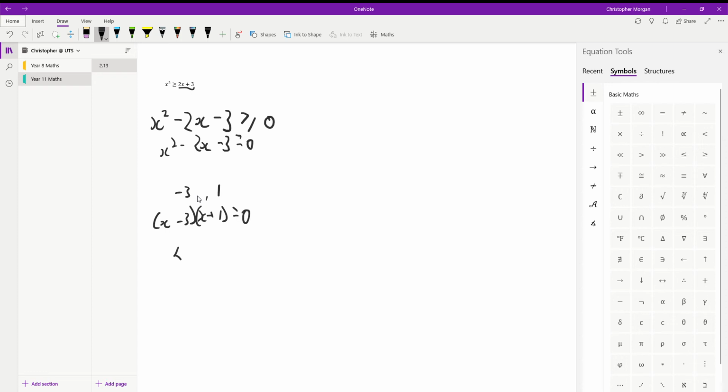We can put that on our number line right now. That gives solutions of x equals 3 or negative 1. So there's x equals 3 and there's negative 1 right there.